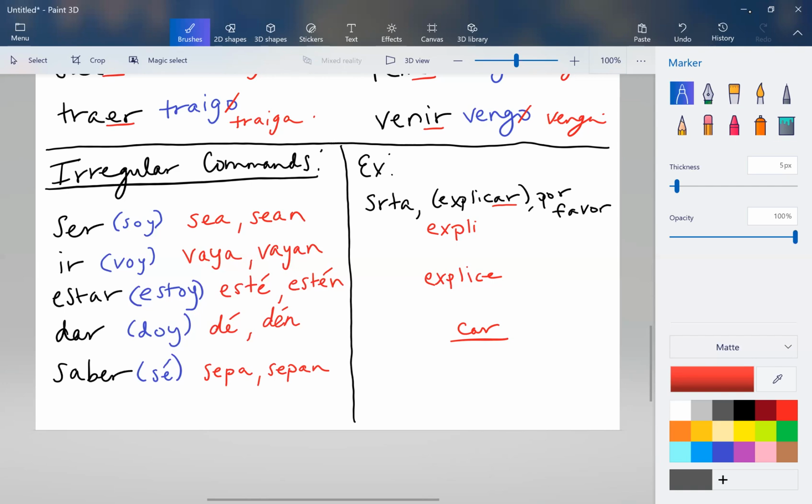QUE. So we have an E for the ending, and we have a QU because it is a car verb. So all of those rules that we've learned about spelling and everything still apply, guys, okay?